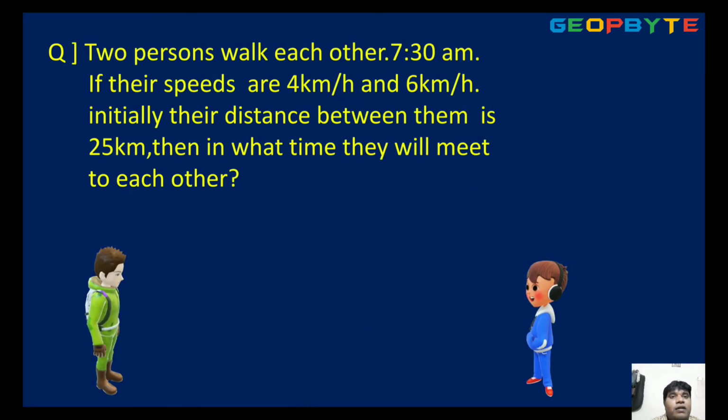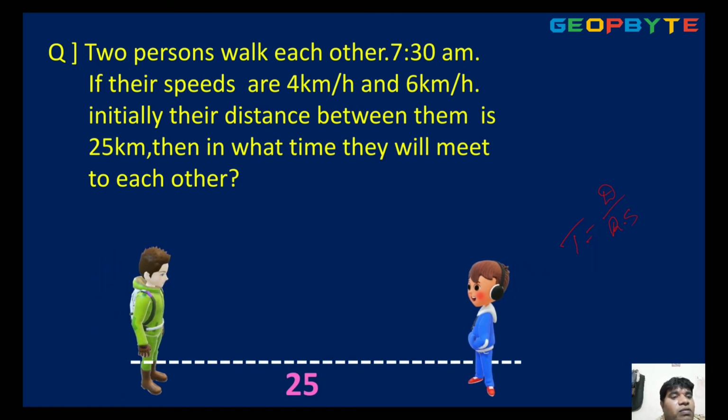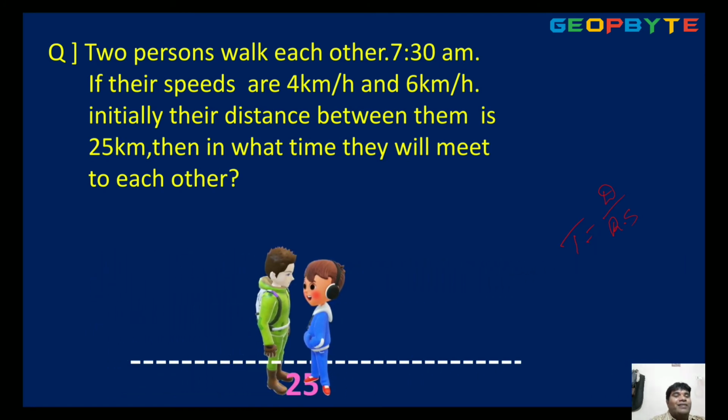Okay, children, last one. Two persons walk towards each other at 7:30 am. Their speeds are 4 km per hour and 6 km per hour. Initially the distance between them is 25 km. Then at what time will they meet each other? So what is the logic? Time is equal to distance between the two objects upon relative speed. Distance 25.